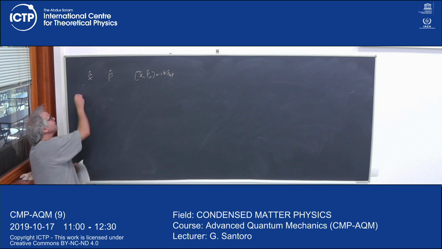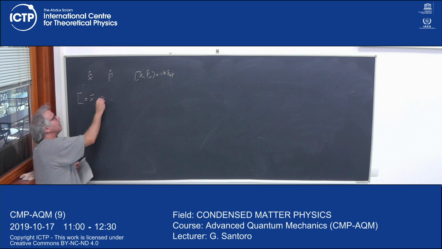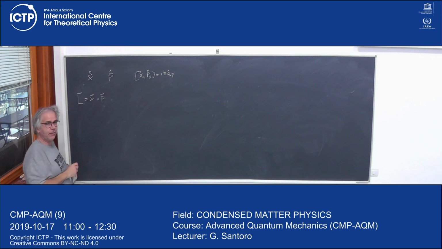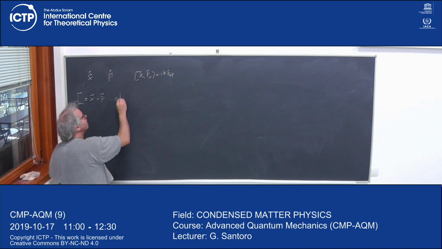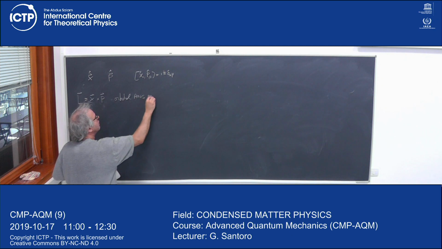Now, in classical physics, you know that you have the following object. The vector product of the position and momentum. And this is the angular momentum of a particle revolving around some origin, for instance. In precisely the same way, you can define the orbital angular momentum in quantum mechanics.